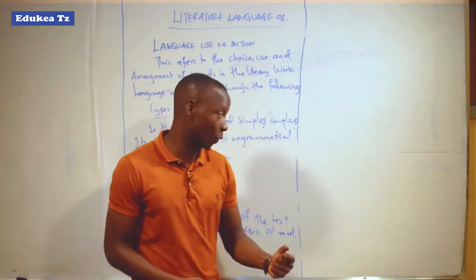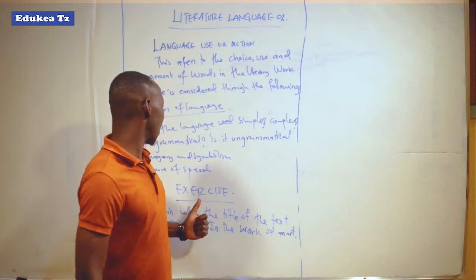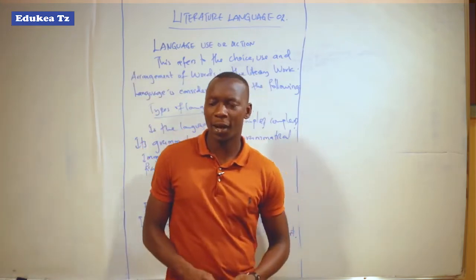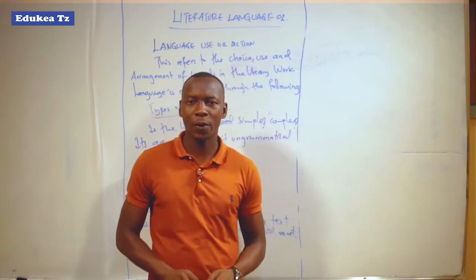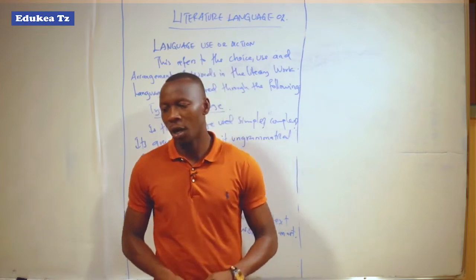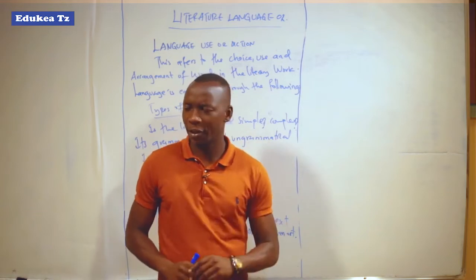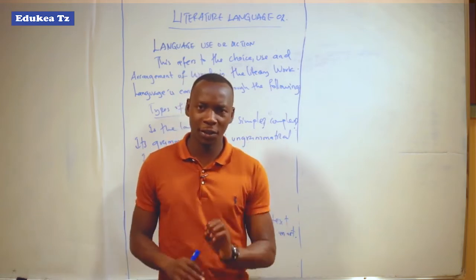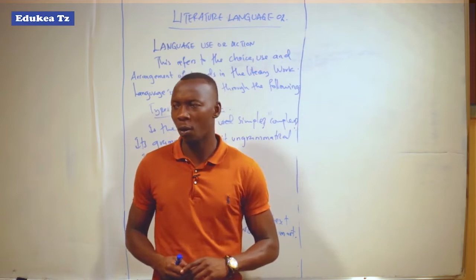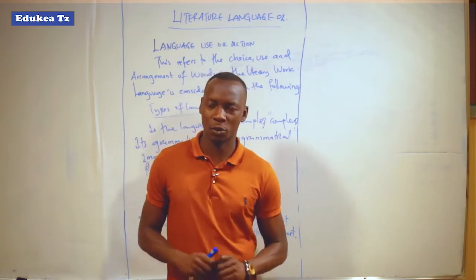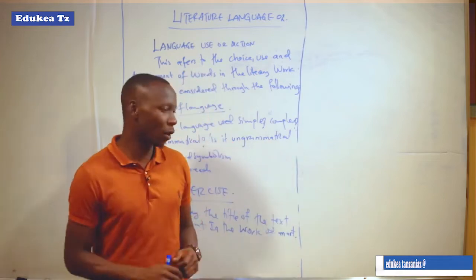But if it is grammatical, you find that the text has employed the use of grammatical words. If the grammar is used in the literature, you find the sentences follow the arrangement, the syntax and the structure of sentence construction, due to the use of grammar.